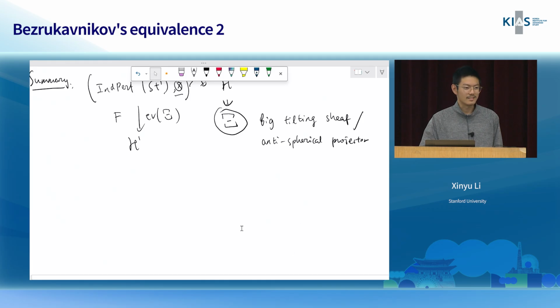It's still not convolution. It's always this tensor product, actually. So what you get is not the desired monoidal structure that we want.